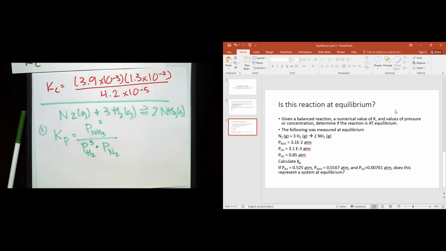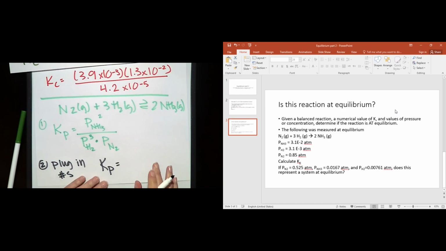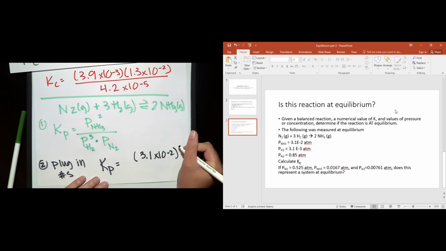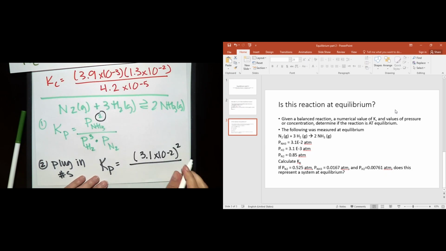My second step is going to be plug in the numbers. Okay, and that's what I'm given in that problem. For ammonia, it's 3.1 times 10 to the minus 2 atmospheres. Now that is squared, so I do square that value.